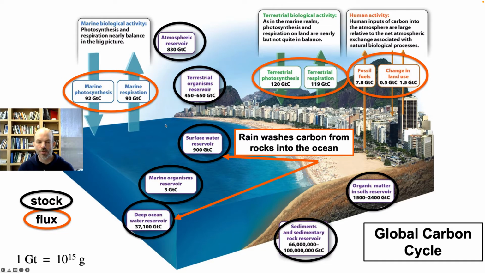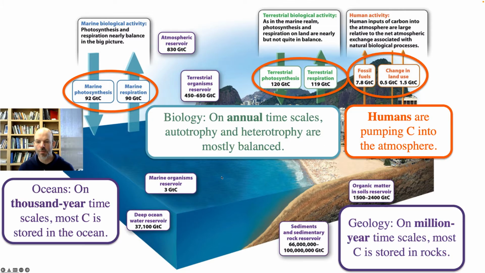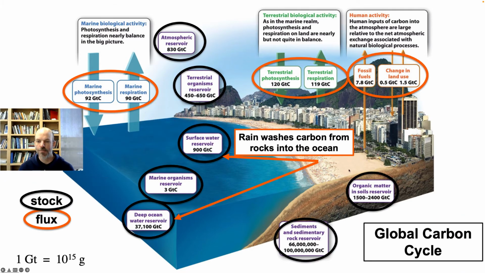Going back to the marine carbon cycle here, I want to focus now on how, over time, carbon from land gets washed out into the ocean. The ocean basins collect carbon that runs off from land, and that gets stored into 3 different reservoirs. There's a surface water reservoir, there's a reservoir in marine organisms, which is relatively small because these are all microbial cells.